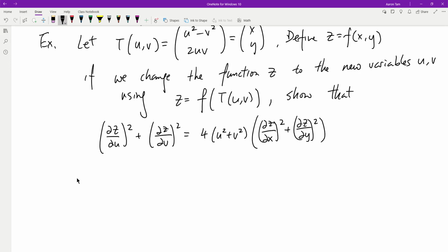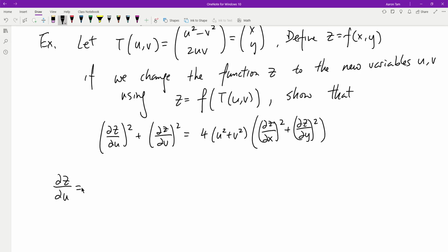We start by the following. Notice that z, the original variable, is a function of x and y. But now we try to find out what happens if we change to u and v. That presents a composition, which then requires the chain rule to form the derivative. So that's how we're going to deal with this. What I'm going to do is dz over du. According to the chain rule, u does not change z directly because z originally is defined for x and y.